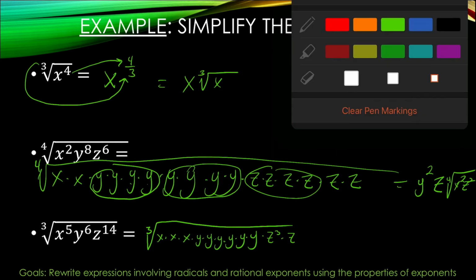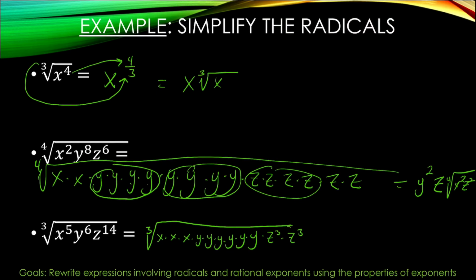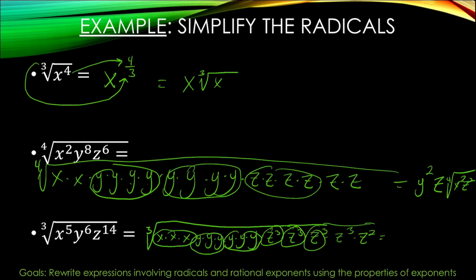Just because we need the space, we're going to lump them in 3s from the beginning. Z to the third, z to the 6th, z to the 9th, z to the 12th, times z squared. So groups of 3, a group of 3 there, group of 3 there, group of 3 there, and z squared.